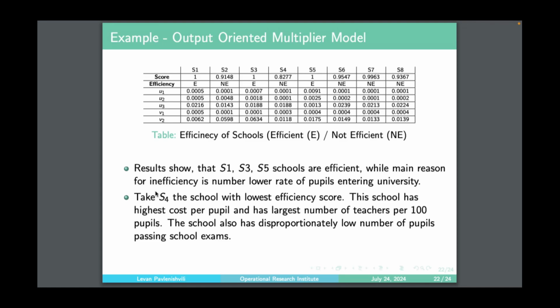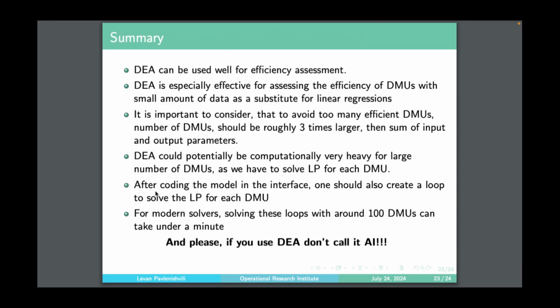DEA could also be computationally very heavy if you have a very large number of decision-making units. Let's say 1,000 decision-making units means I have to iteratively solve 1,000 linear programs. Although those linear programs are not very complicated, I still have to solve a lot of them. But if I have 100 decision-making units, say shops with 100 branches, this could be solved even with an open source solver in under 1 minute, that kind of a loop.